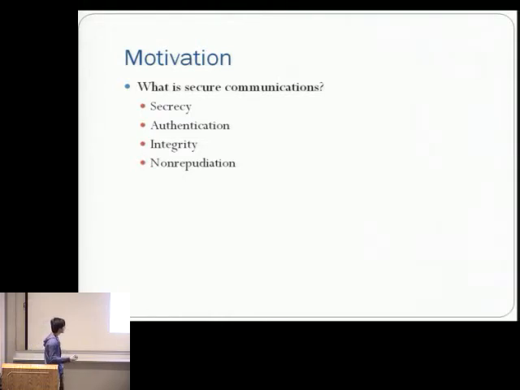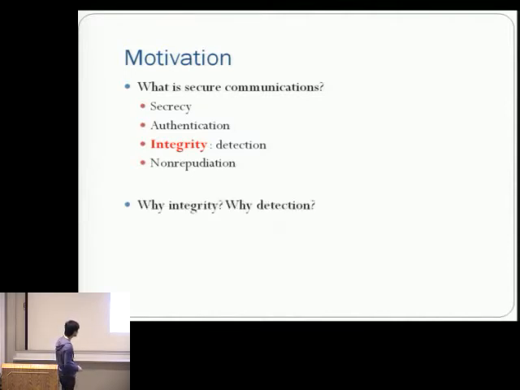So in this work, we focus mostly on the integrity of the information, and in particular, we focus on the detection of any attack or corruption of the data being transmitted. Why do we care about integrity, and why do we care about detection in particular?